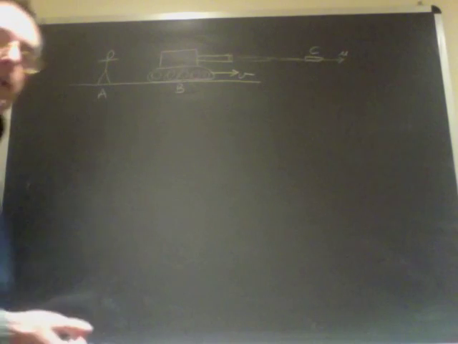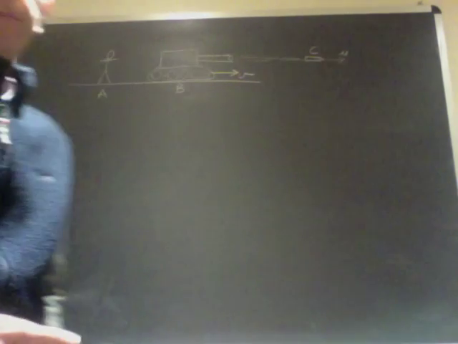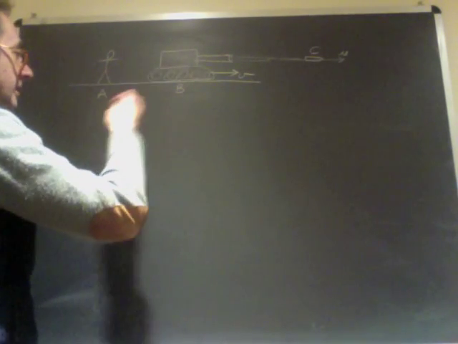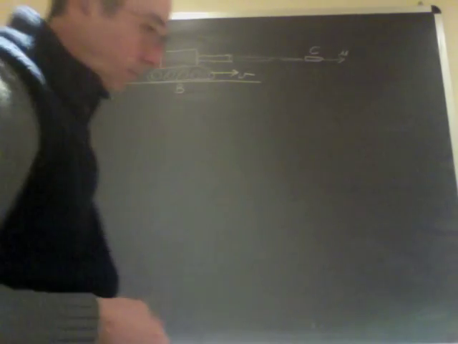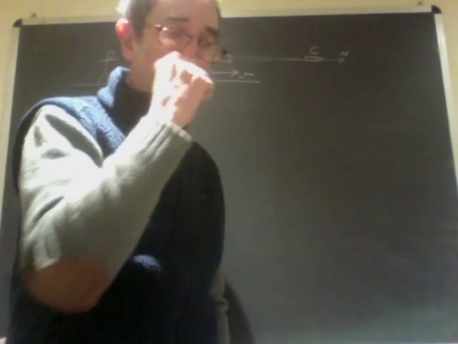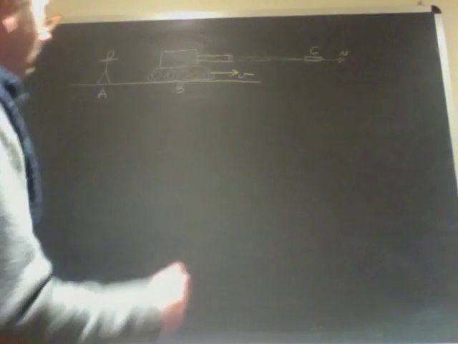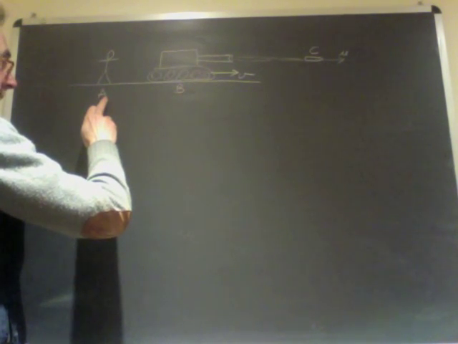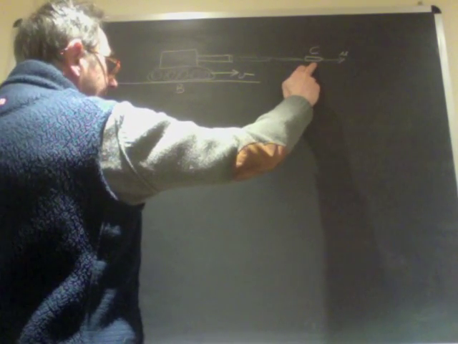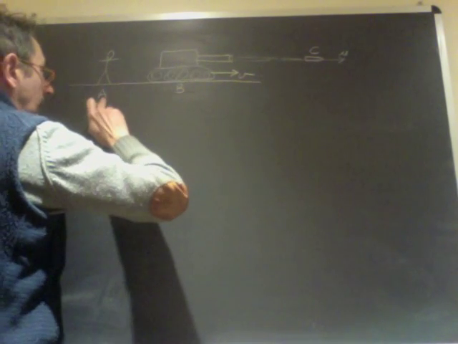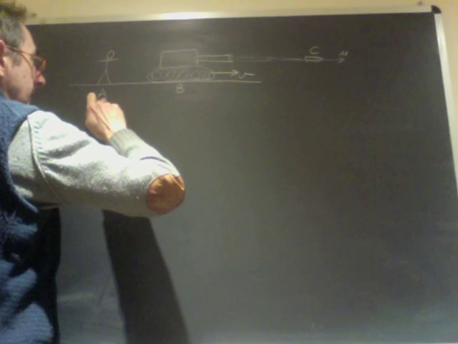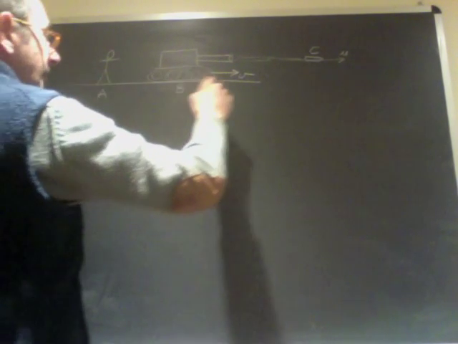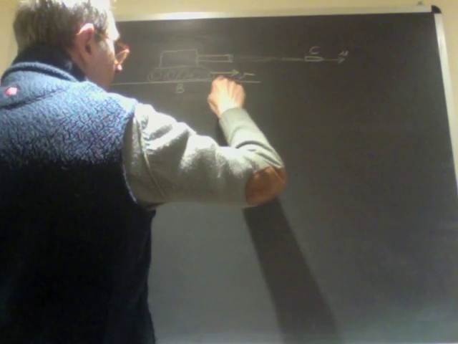Okay, you know that in the simple approximation of Newtonian mechanics, when the speeds are all much less than the speed of light, we can simply say that the velocity of the bullet as seen by the man A is just the sum of the two velocities v and u.